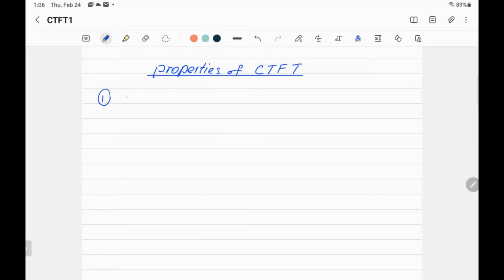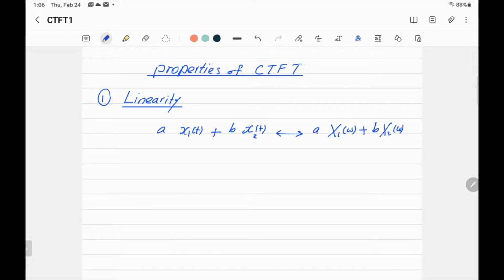Property number one, linearity. What does it mean? If you have two signals, x1 and x2, and you multiply the first by constant A and the second by constant B, and you add them, you can still find the Fourier transform. Simply find the Fourier transform of x1, that will be X1 of omega. Find the Fourier transform of x2, that will be X2 of omega. Multiply the first by A, the second by B, and add them. It works.